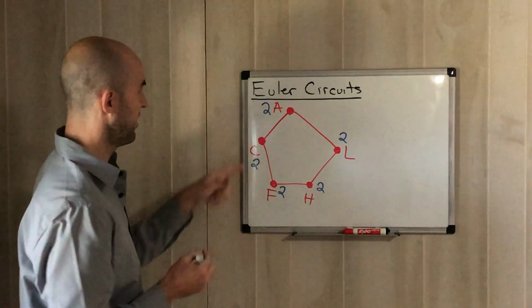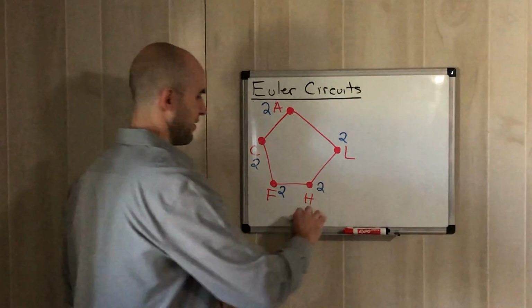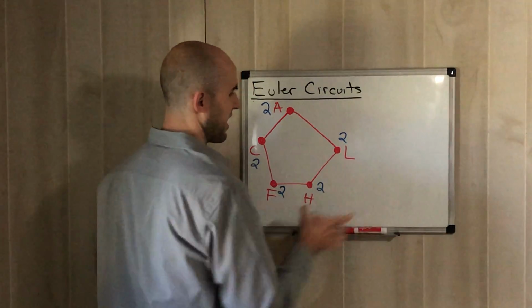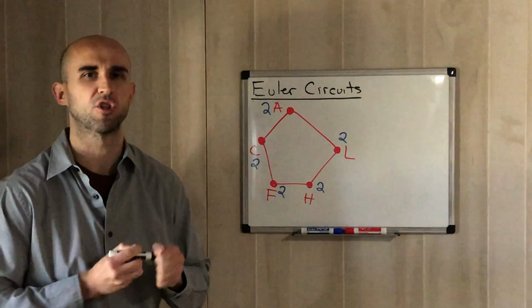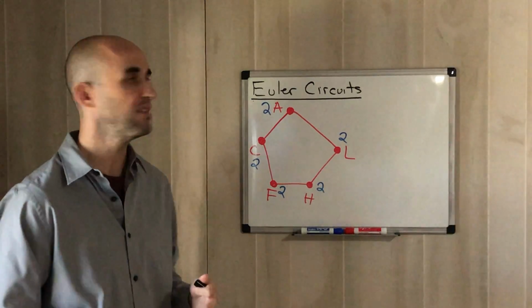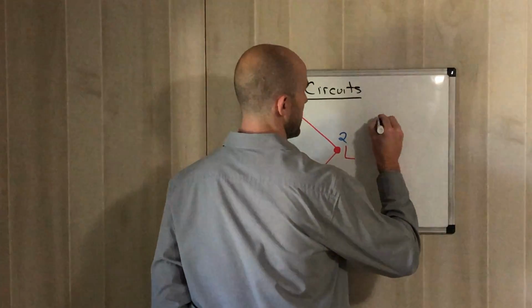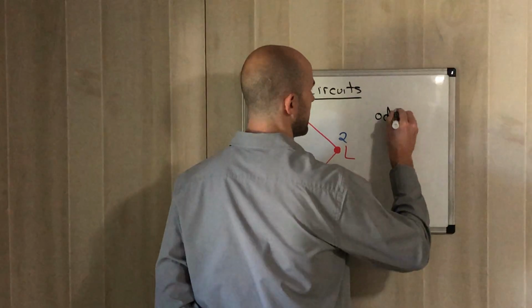And we notice something, and this is the most important thing whenever it comes to an Euler circuit. You're going to be hearing something again, which you did today in class: odd number degrees and even number degrees.